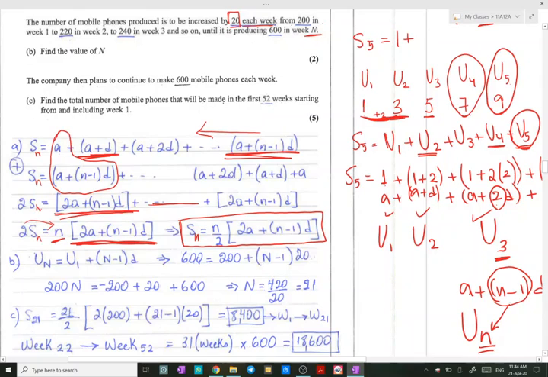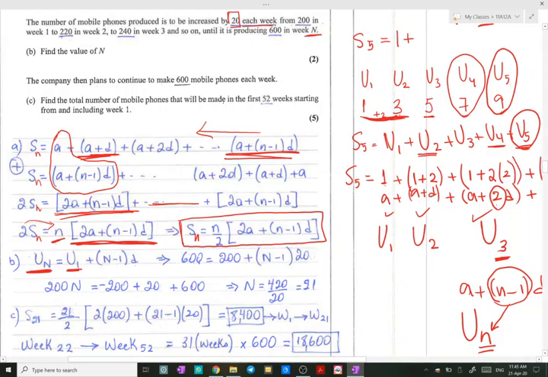Therefore, we need to find Un, which is the week where you're going to reach the 600. You already have the value for Un. It's equal to the first term plus n minus 1 times D. This is the formula for finding the nth term in an arithmetic sequence, given in your formula booklet.